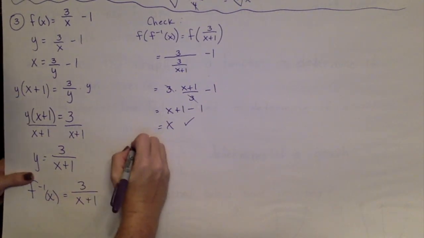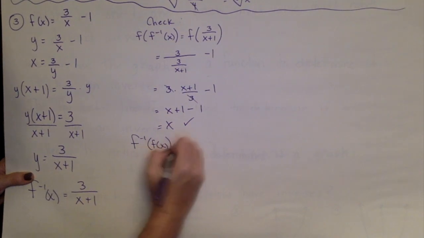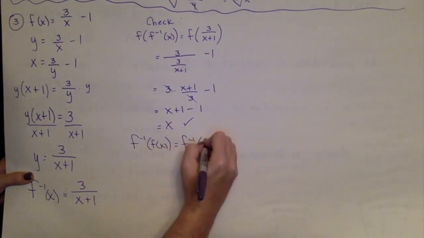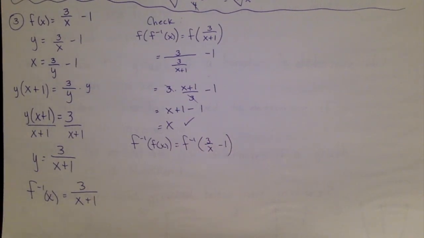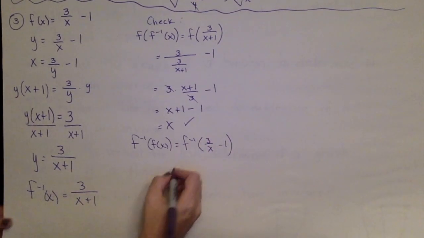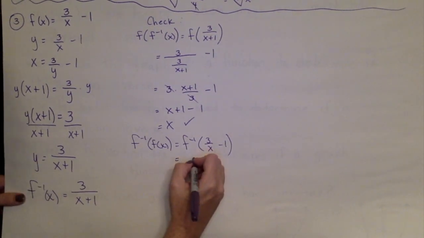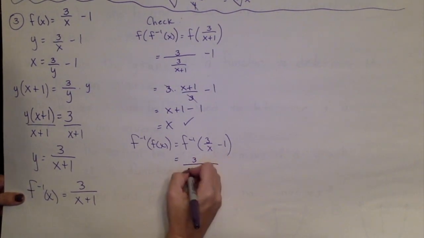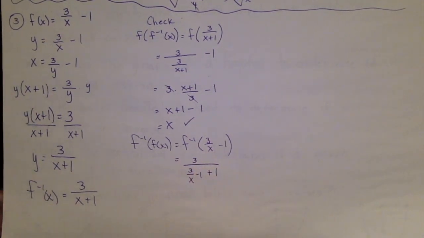Okay? And when we go the other direction, the inverse of f of x, or the inverse of f of 3 over x minus 1, this one's actually a bit simpler because we'll have 3 over x minus 1 plus 1. Again, going back to here, in place of this x, I put 3 over x minus 1.